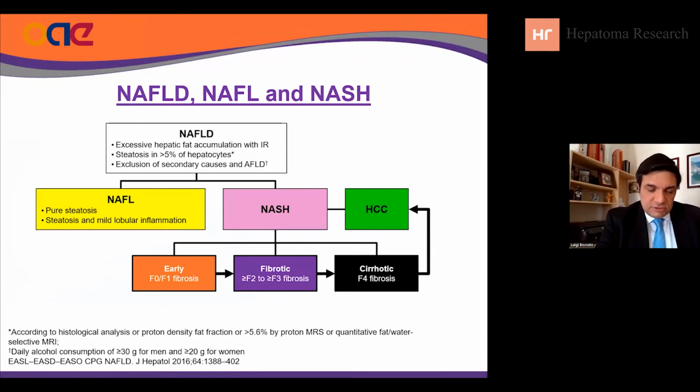I will not spend too much time on the clinical features because other, more renowned and more expert speakers will cover that. I just want to focus on the pathogenicity and the mechanisms underlying the onset and then progression of non-alcoholic fatty liver disease. As you can see, the clinical definition is based, of course, on the features that can be assessed: clinical assessment, imaging, laboratory tests, and of course, biopsy.